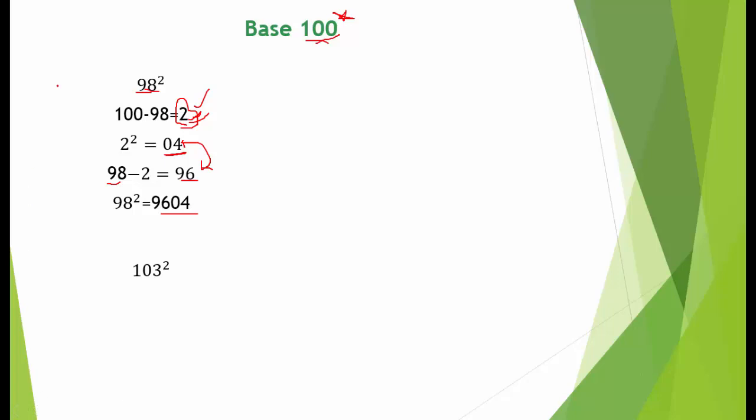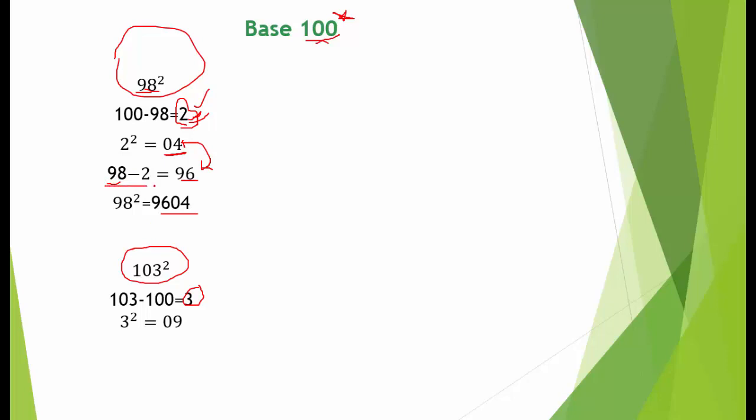Now student, this was less than 100. In case of greater than 100, we will just reverse the sign. For example, the difference will be 3. Take the square of 3, that is 09. Now instead of subtraction, we will add this number to 103.